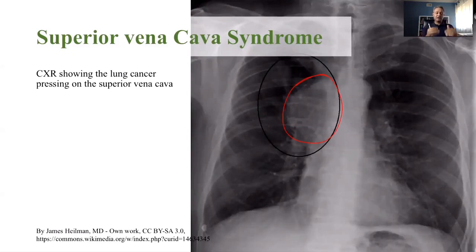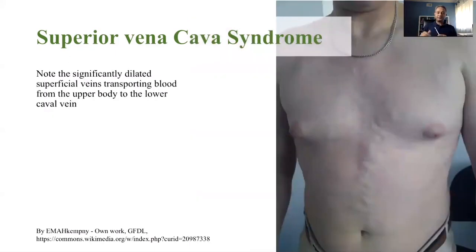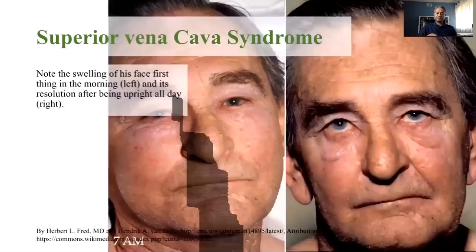Because the blood is now being redirected to the lower areas, and then it will come back through the inferior vena cava. So look at this. This is the superior vena cava syndrome. Here on this patient, you can see those engorged and very apparent blue veins. So that is transporting the blood from the upper body to the lower body and then back to the heart.